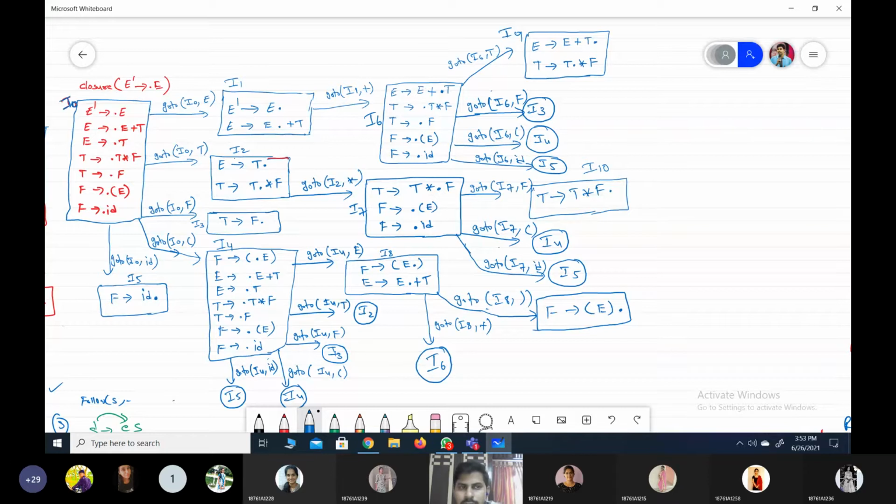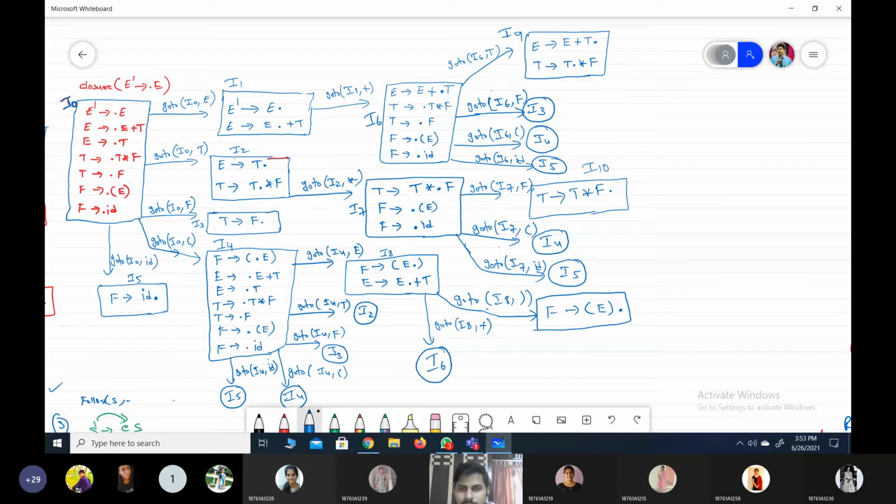Okay. So on the I0 state, if input alphabets are applied, then we obtain I1, I2, I3, I4, I5. On I1, if input alphabets are applied, then we are getting I6. I2 on I7. I3 we don't have. I4 on I8. The rest of them are repeating. And we verified with I6. On I6, if alphabets are applied, we obtain a new item state I9.